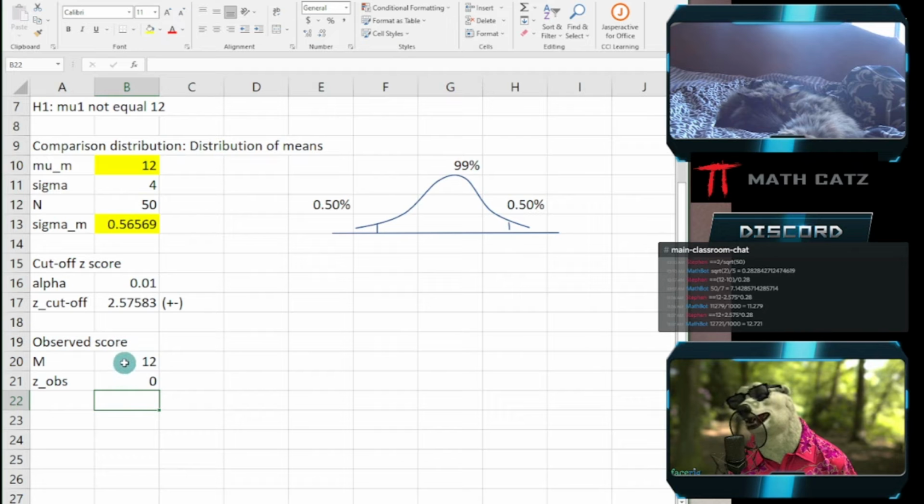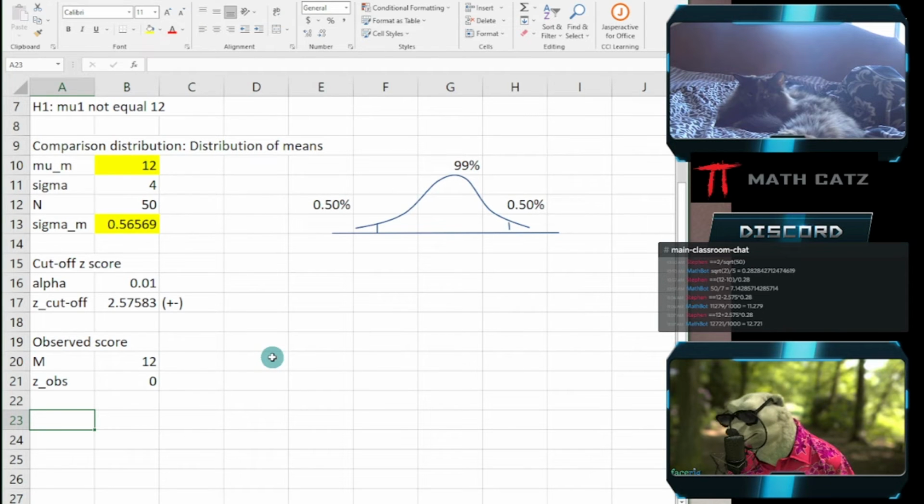The sample mean that I get is exactly the distribution mean I'm testing against. So it's a little bit of a rare occurrence. Usually we don't get the comparison distribution population mean exactly. However, we'll update that in part D shortly. We'll get a conclusion.